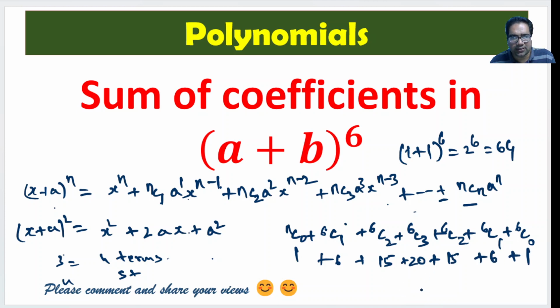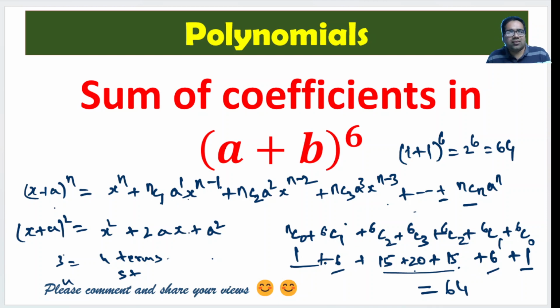The sum of all of this is again 64: 20 plus 30 is 50, 62, 64. This is the way of expanding any polynomial (a plus b) whole power n using the binomial theorem and then calculating all the coefficients. But this is a very long method.